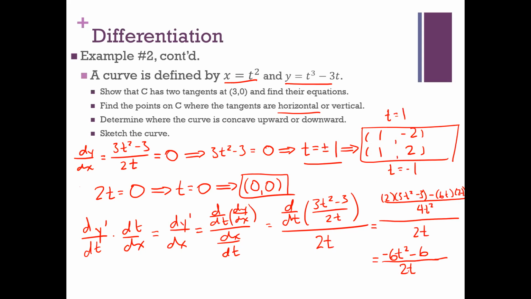So first of all, any questions about how we got that second derivative? Good. I thought the quotient rule is low derivative of high minus high derivative of low. Is that not what we did? That is what it is. Well, the first term.